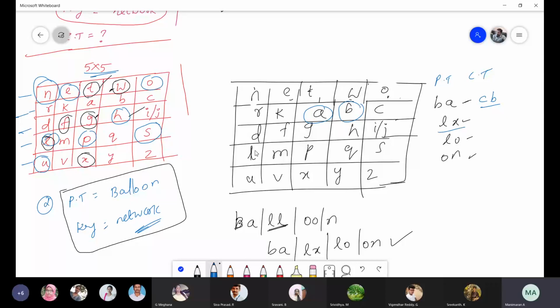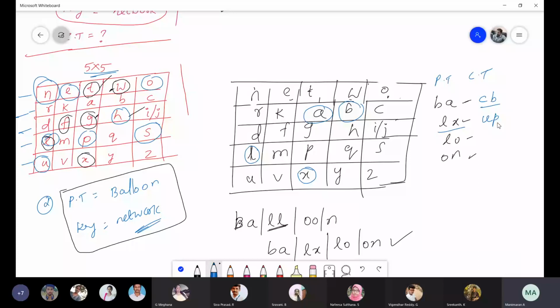So what is the value? L is here, and then X is here. Where is X? X is here. So there is no common column and also row, so we have to take P and U. This is correct, no?